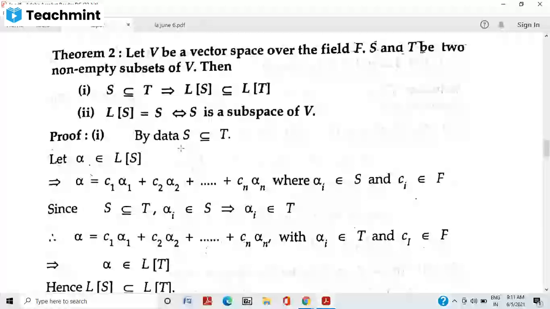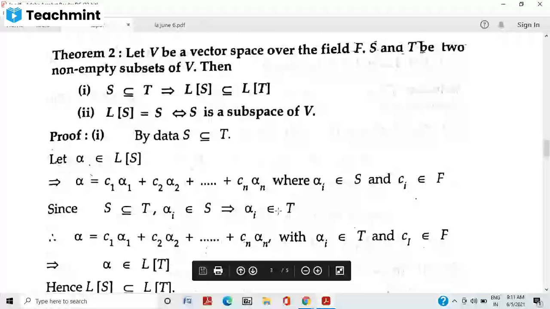Now, what did we assume? S is contained in T. Here alpha i belongs to S, so since S is contained in T, we can write alpha i belongs to T. That means we got alpha equal to C1 alpha 1 plus C2 alpha 2 plus etc. plus Cn alpha n, where alpha i belongs to T, instead of S, and Ci belongs to F. This is small ci.